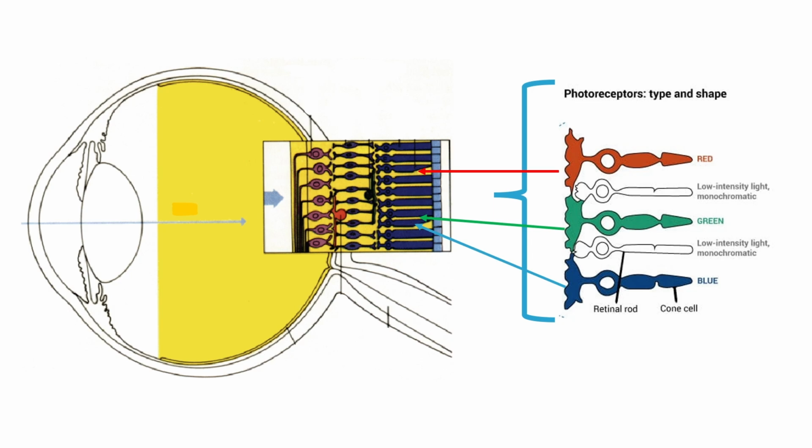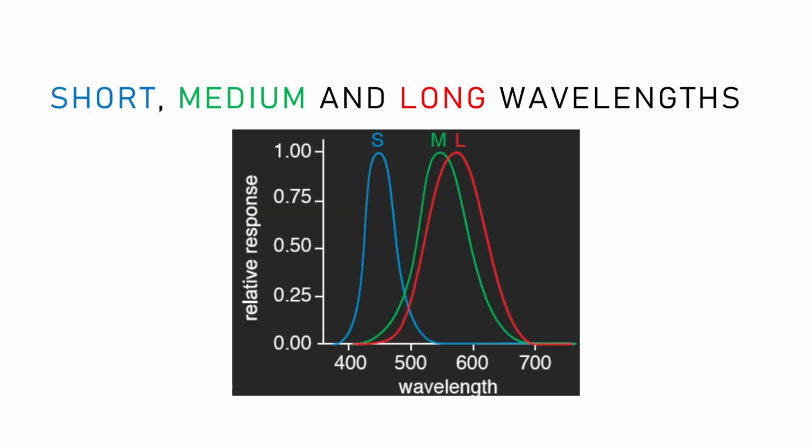Okay, so does this mean that all we need is a red wavelength of light to come into our eye for us to see red? Not quite. The cone spectral sensitivity graph explains where cones experience stimulus from light wavelengths. We can see that a particular cone is not exclusive to a specific wavelength, as we can see in this graph.